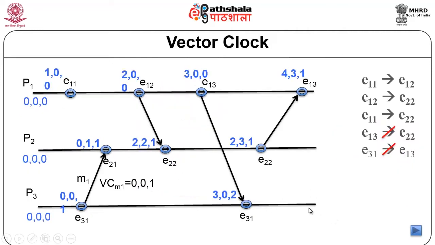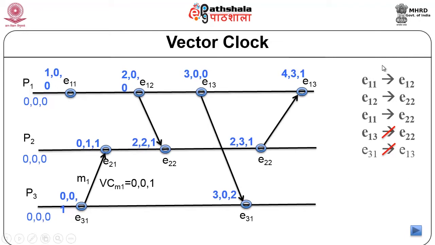So, here is an example of a vector clock. In a vector clock, the values will be 3, 0, 0. In a vector clock, each process is represented by one value, and a clock will have n entries in a vector which represent the n processes in the system.